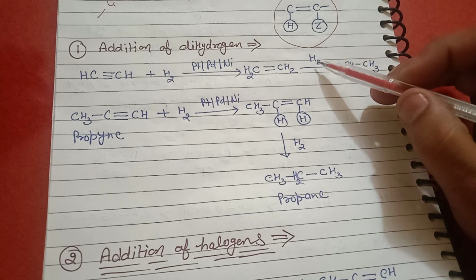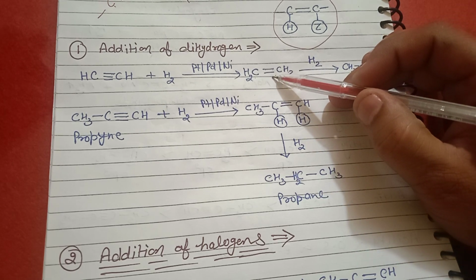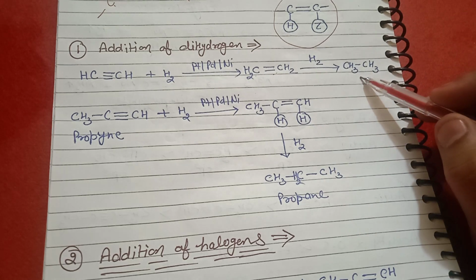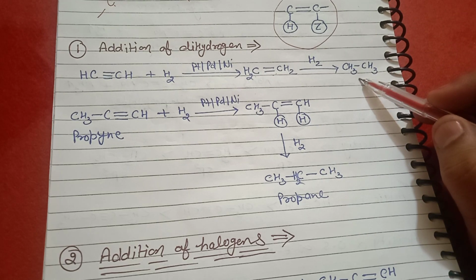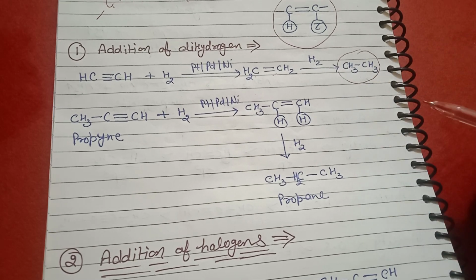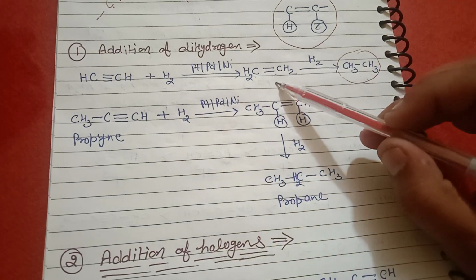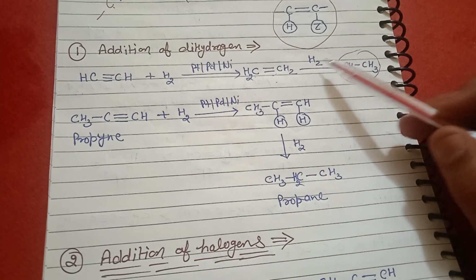Another time we add hydrogen to this alkene, so it gives a saturated hydrocarbon. Saturated hydrocarbon means alkane, formation of alkane. First alkyne adds hydrogen to give alkene and then adds hydrogen to give alkane.